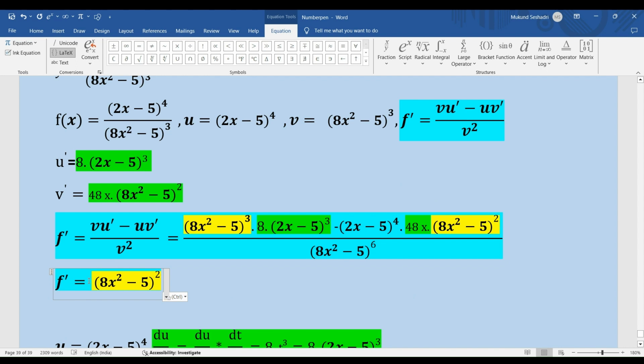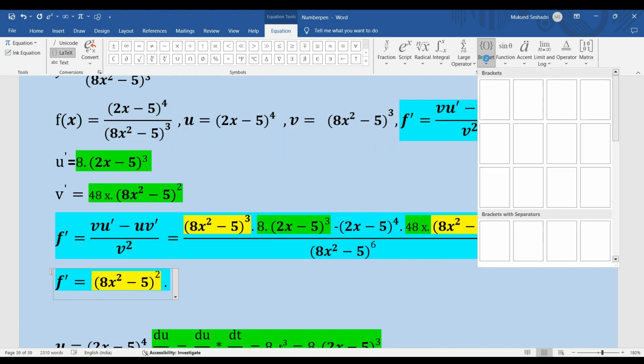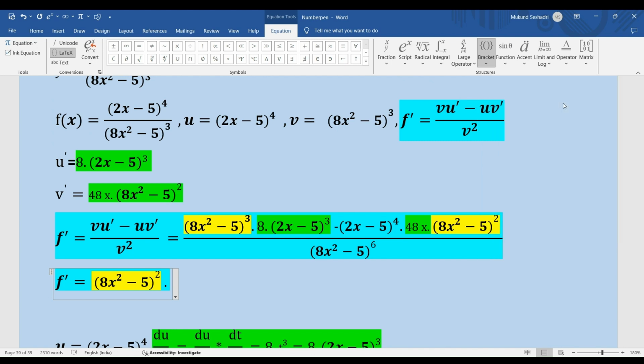I'm going to keep it as it is for the minute. And then I'm going to pull out my favorite open bracket, because I'm going to put the remaining expressions inside my bracket. So I have pulled out 8x squared minus 5 the whole square. So I'm going to write down the first part of my numerator, right? Pull out this, and then I still have my 8x square minus 5, right?